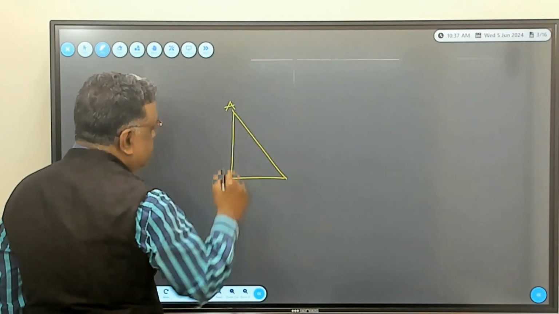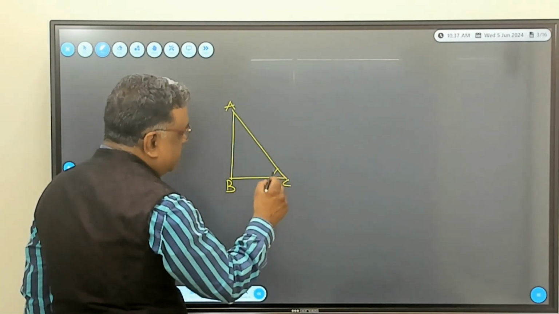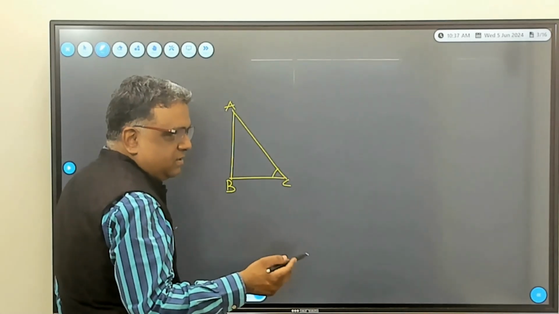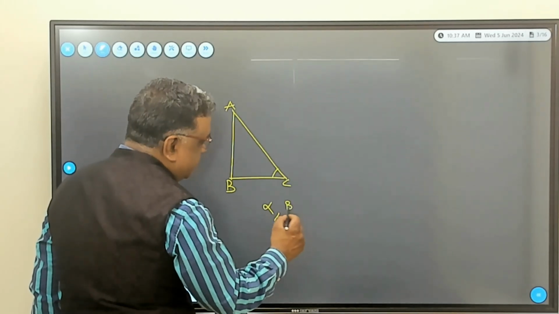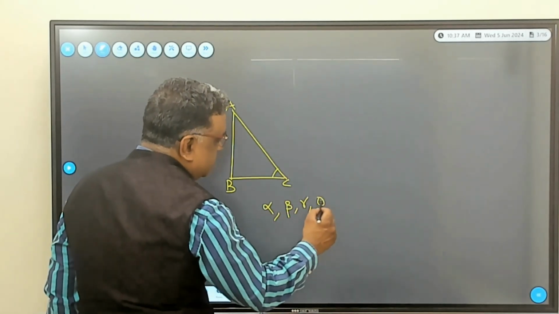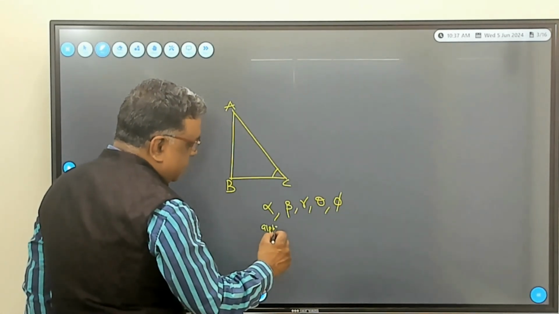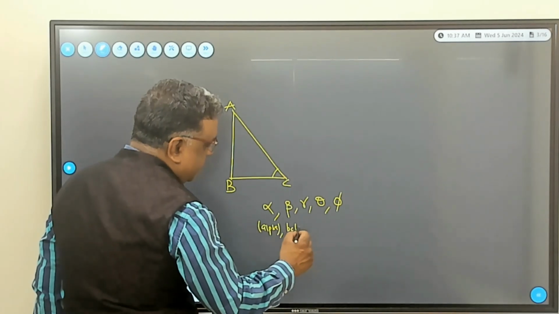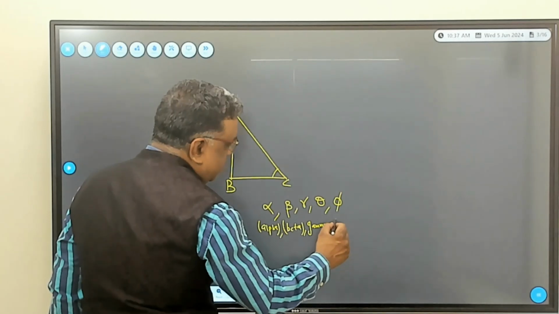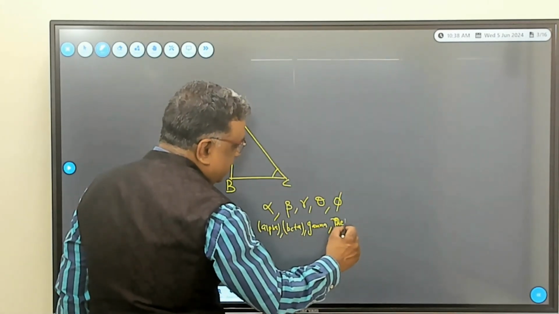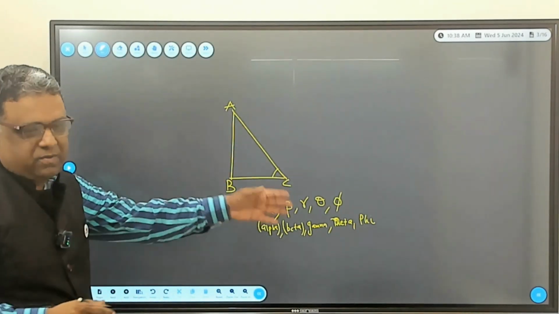Let us say I call this triangle A, B, and C. Normally these angles are referred to with certain notations, like alpha, beta, gamma, theta, and phi. So you will hear such kinds of angle measurements.